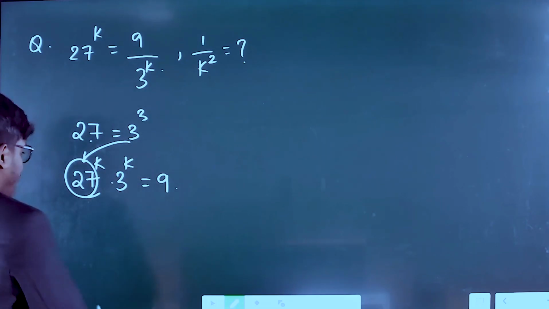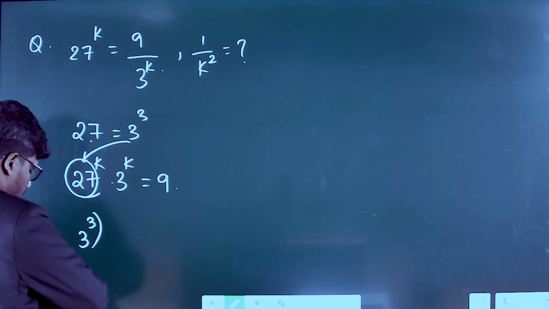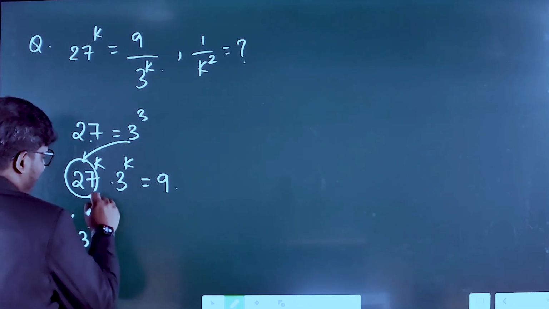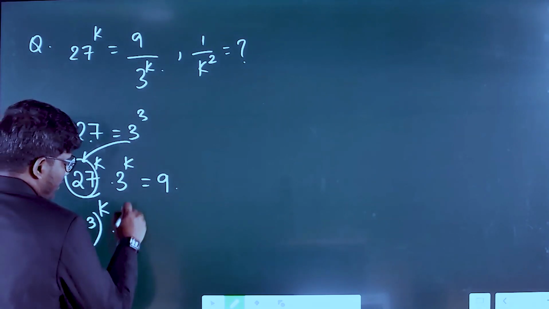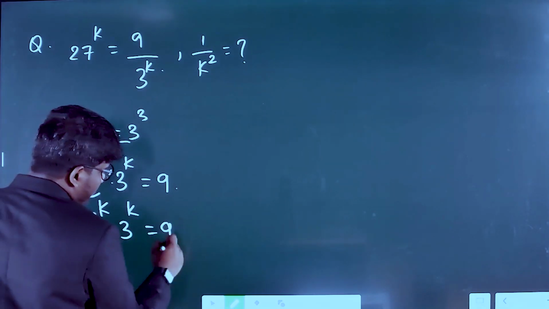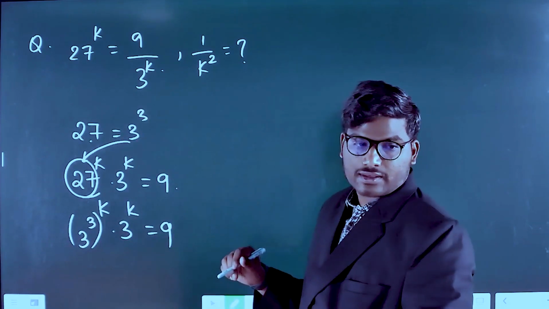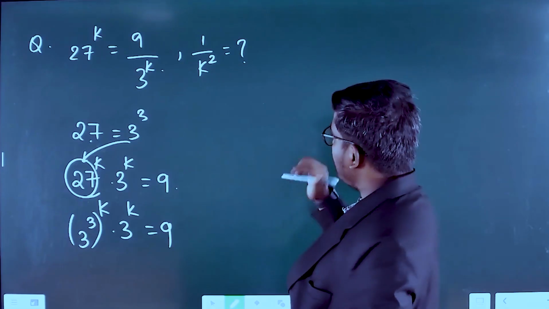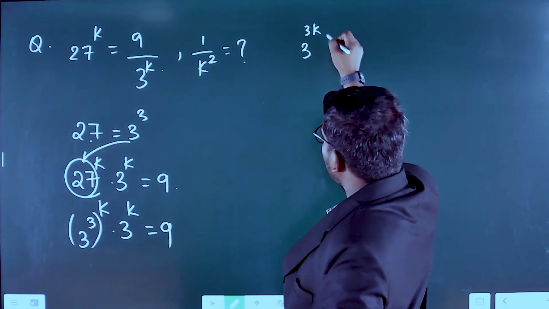So it will be (3 cube) whole power k times 3 power k is 9. Now (3 cube) whole power k shall be 3 power 3k.